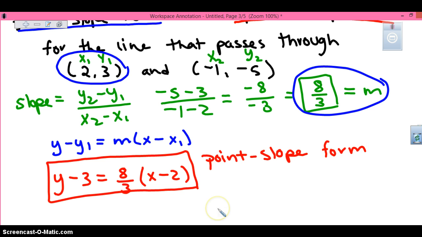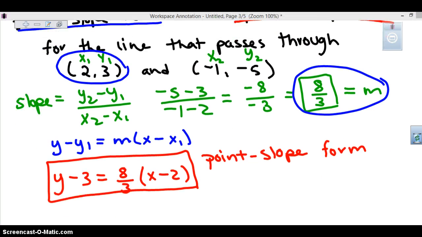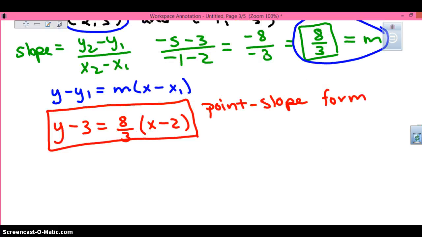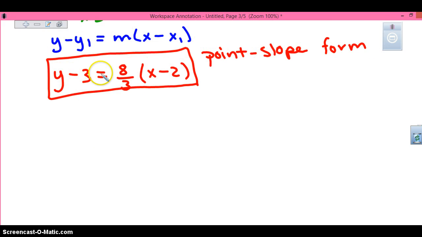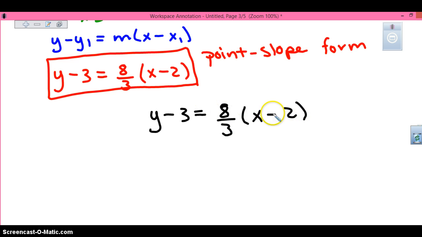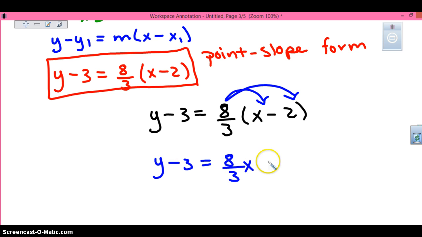If we need to write our equation in slope-intercept form, which was the next part of the problem, we need to change this format. So I'm going to rewrite point-slope form: y minus 3 equals 8 over 3 times x minus 2. For me to change it to have y by itself, I need to start by distributing 8 over 3. That means y minus 3 is equal to 8 over 3 x minus 8 times 2, 16 over 3.